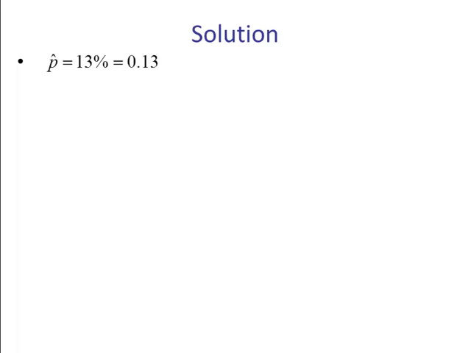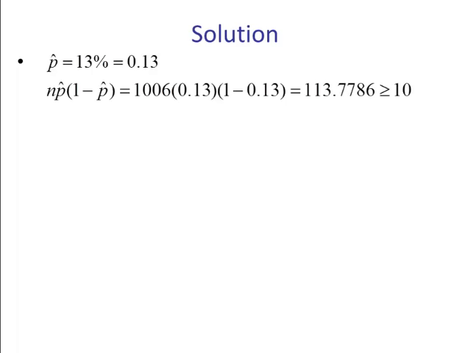P hat was given in the problem as 13%. So if we express it as a decimal, 0.13. Let's check our assumptions. N times P hat times 1 minus P hat has to be greater than or equal to 10. So we take 1006, multiply it by P hat, times 1 minus P hat, and we get 113.7786, which is greater than or equal to 10.